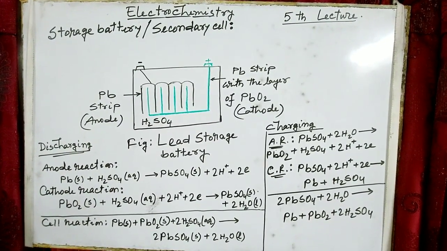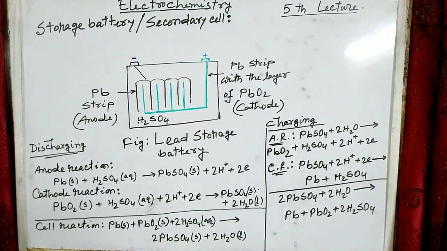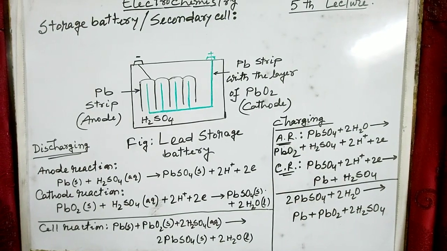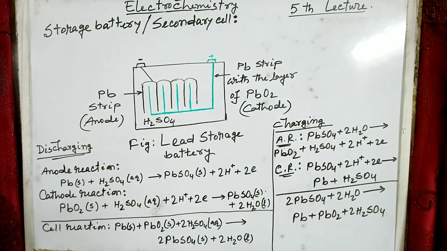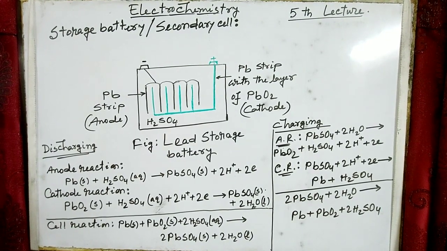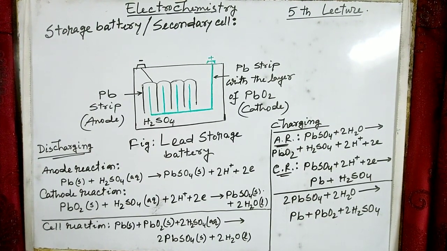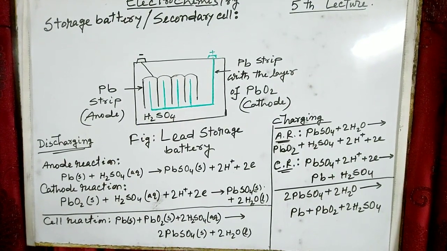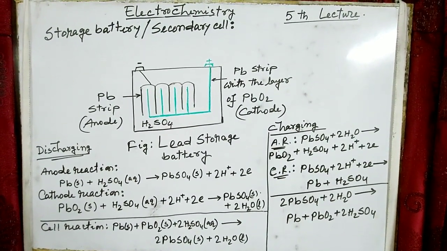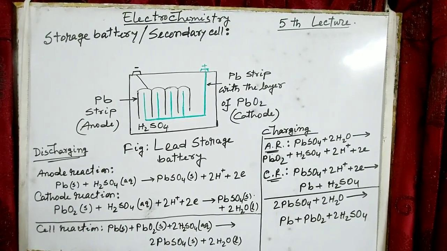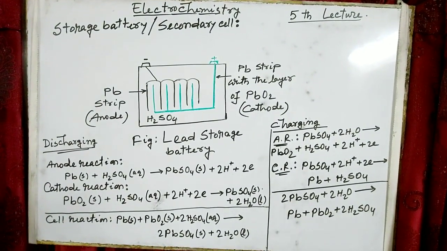The cell in which electrical energy is converted into chemical energy by passing electricity from an external source and is stored in the cell. Then this chemical energy may again be transformed into electrical energy, is called a secondary or storage cell.